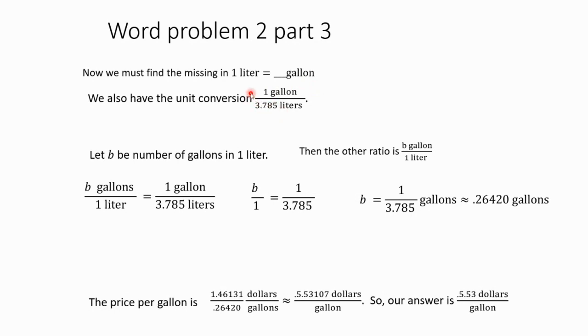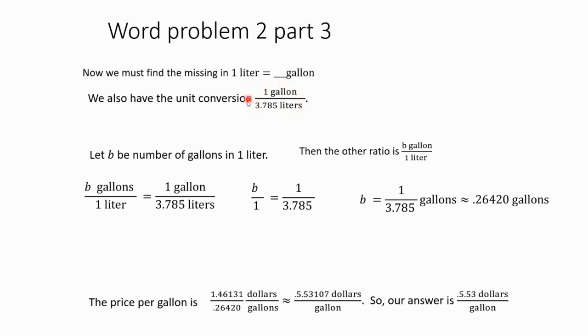That's actually given to you. It's also in the textbook, which you have through Lumen. And we want to know how many gallons is 1 liter. So from that unit conversion, we would get this ratio.